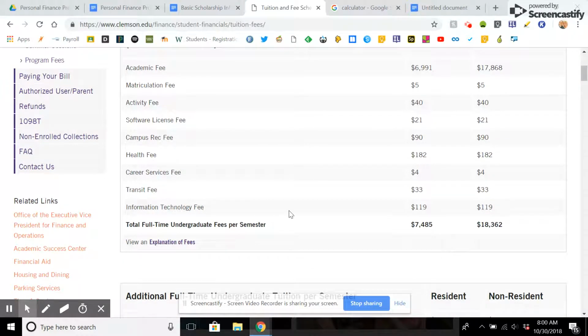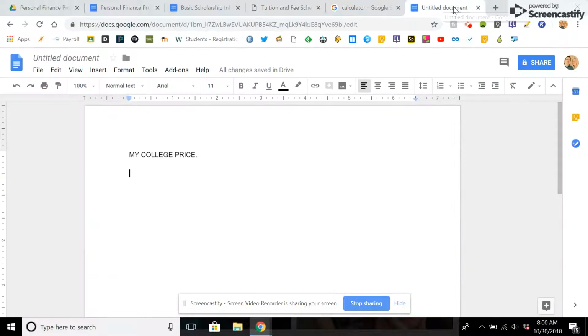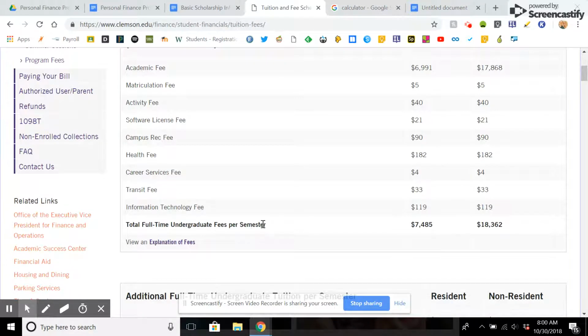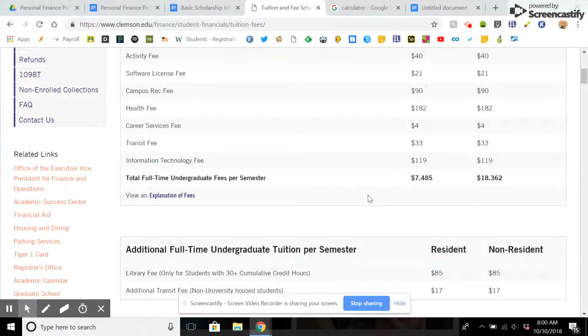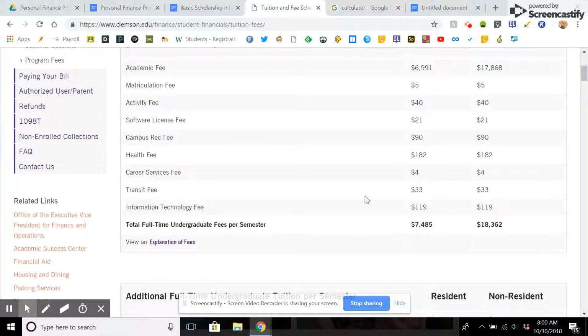Okay. So here is my right here, total full-time undergraduate fees per semester. Okay, so I take that number and I just write it down, 7,485. Okay, that's per semester. But we've got to remember that that's only per semester, and there are two semesters per year.